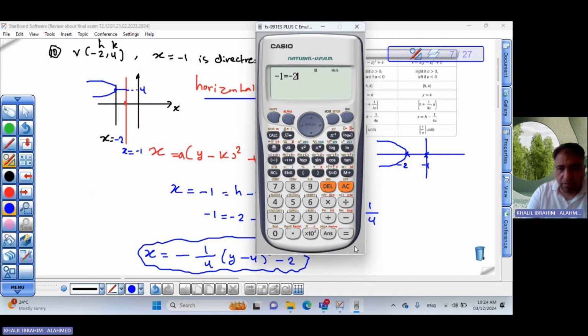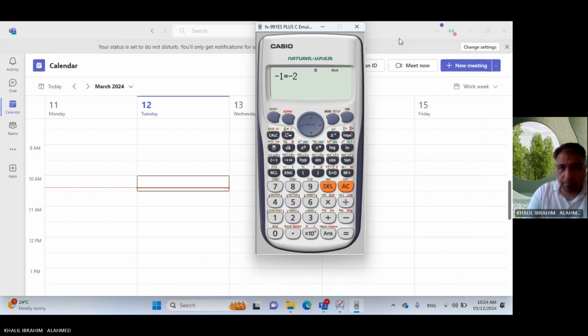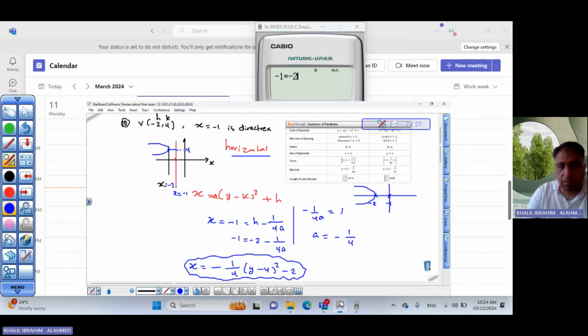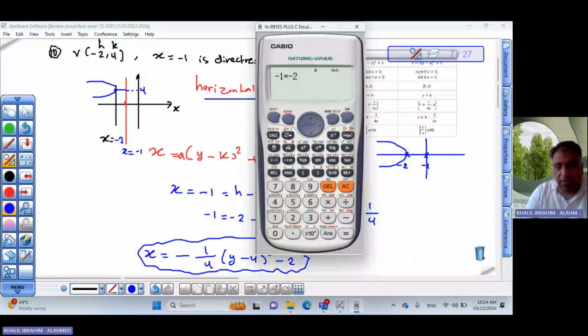What happened? Okay, I think shift solve, then shift solve to find this.